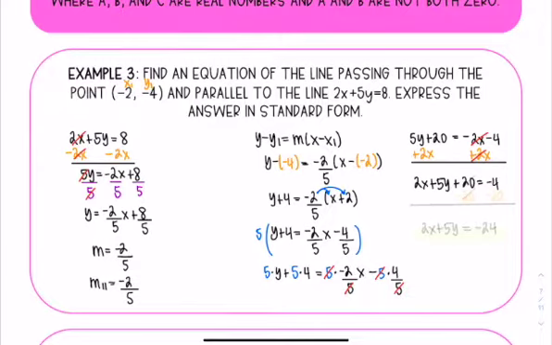And we need to just have the constants all on one side. So I'm going to subtract 20 from both sides. And we have 2x plus 5y equals negative 24. And that is standard form.